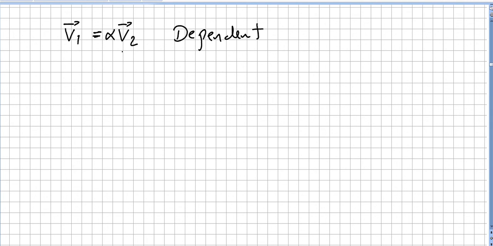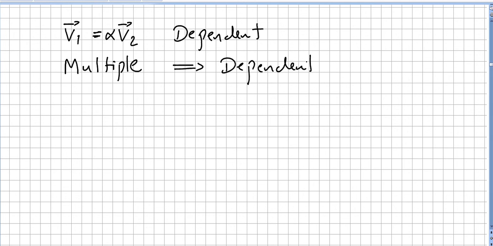So multiple vectors mean that they are dependent. And if they are dependent, it also means that they are multiples of each other. I can provide a proof for this.